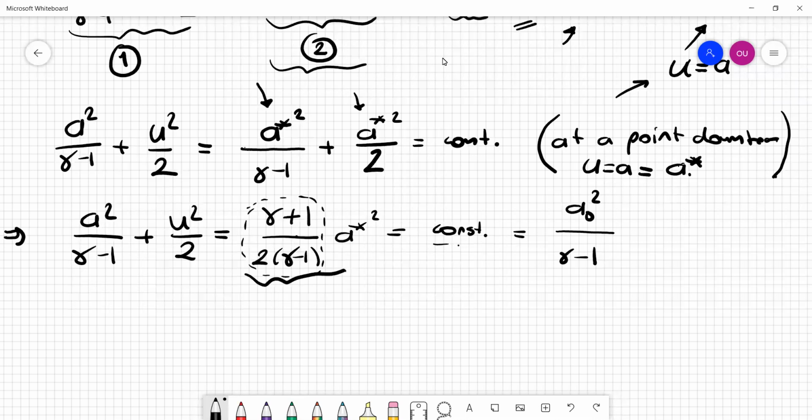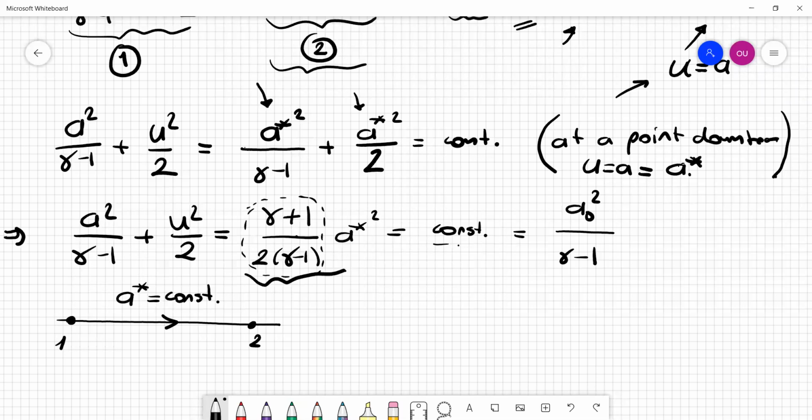So this says that for an adiabatic steady inviscid flow along a streamline, a star is basically a constant. Okay, so from 1 to 2, along a streamline, a star does not change. And again, I will keep repeating this again and again, regardless of whether there is a shock wave or not.